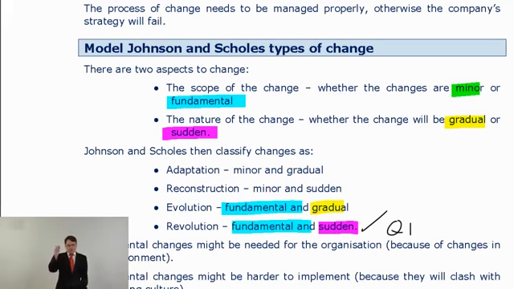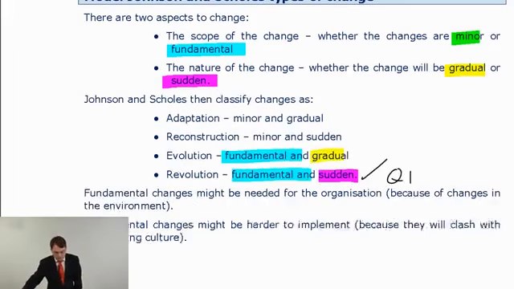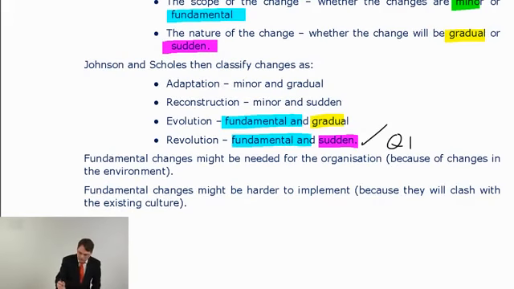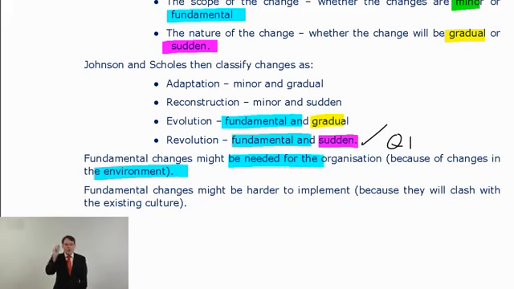but the main thing is revolution. Now, with revolution, as far as the exam is concerned, notice fundamental changes might be needed because of the outside world, and the examiner loves the outside world changing. We said that in chapter 3 and chapter 4.